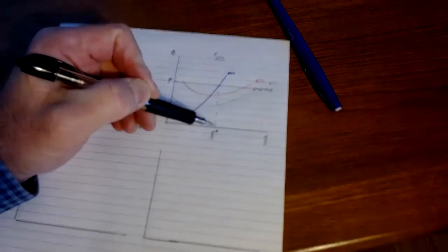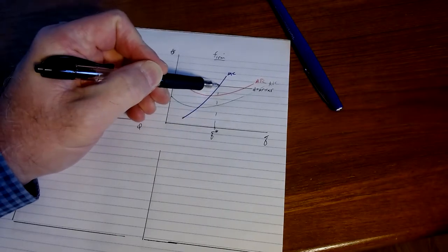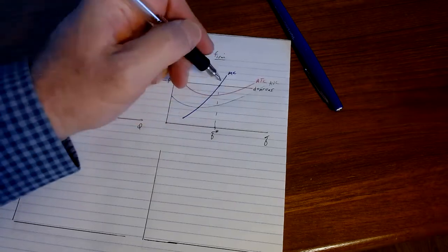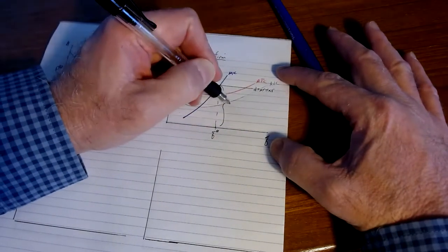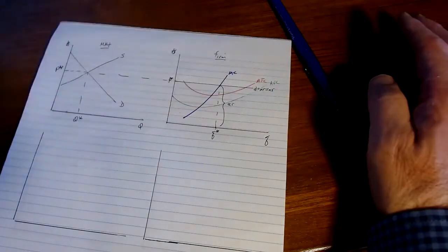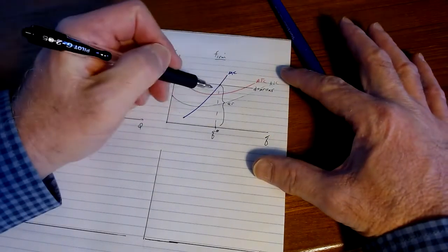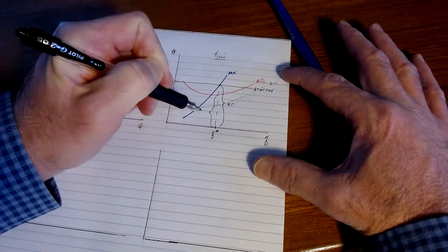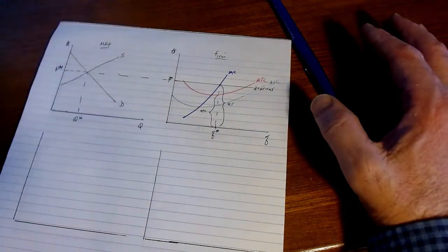So this height at Q star, the height up to the demand curve, shows the firm's revenue per unit, its average revenue. That's how much revenue comes in with each unit it sells. And the average total cost curve shows the firm's average total cost at Q star.